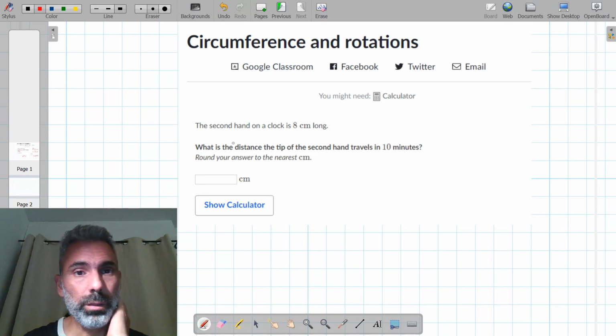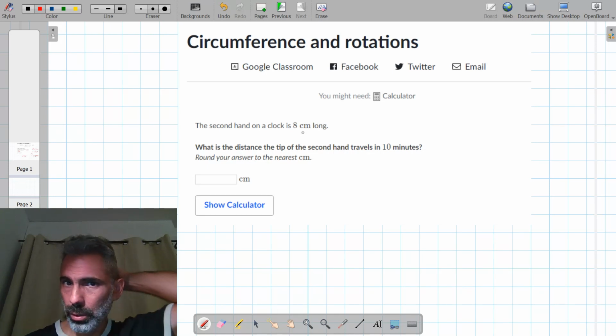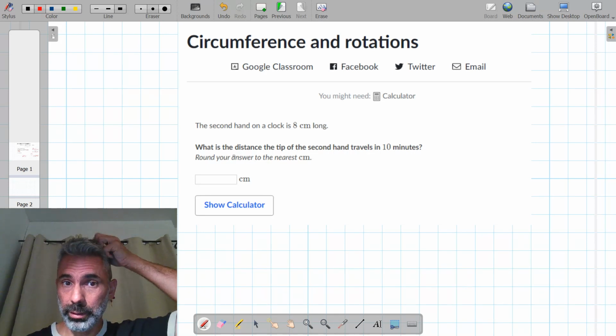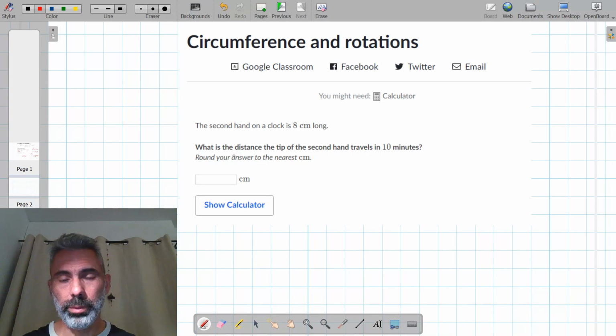The second hand on a clock is 8 centimeters long. What is the distance the tip of the second hand travels in 10 minutes?